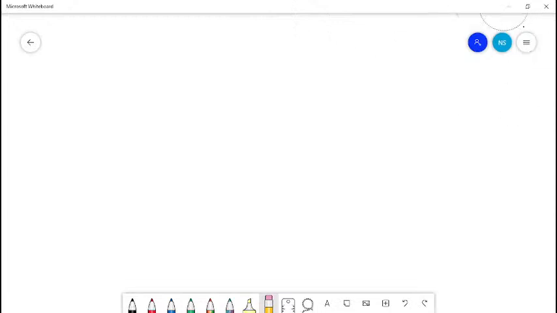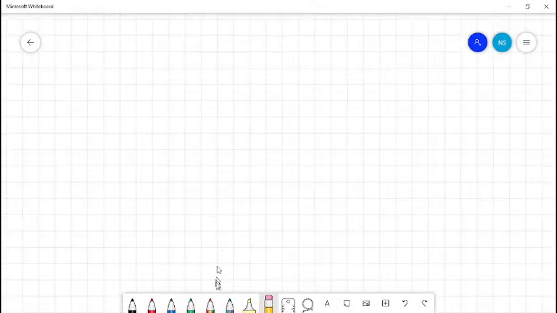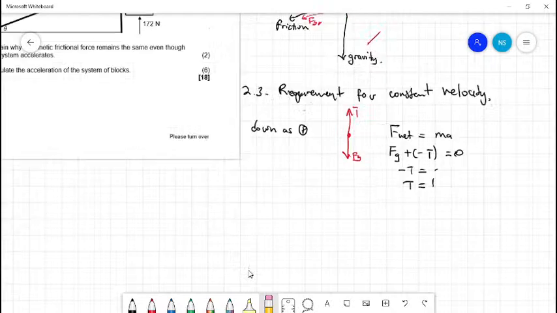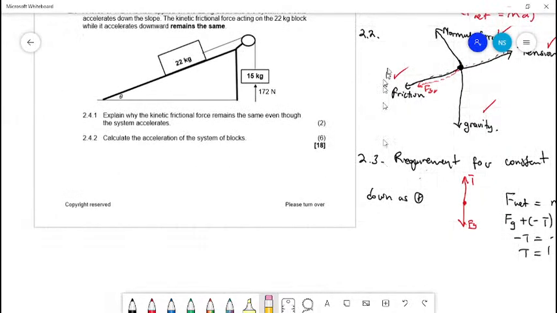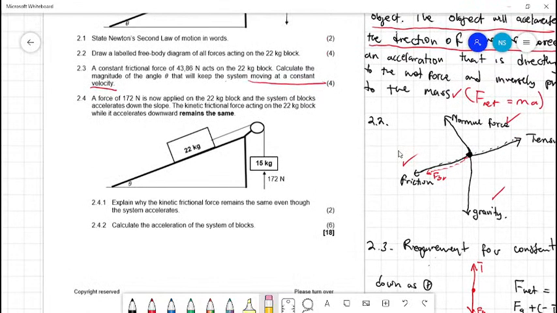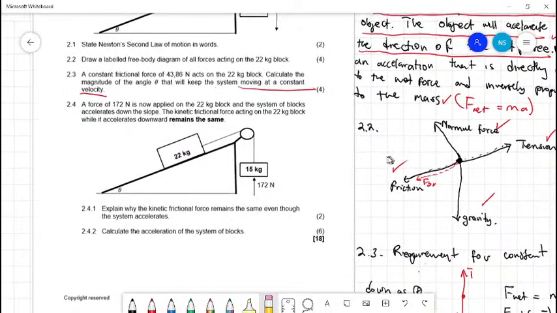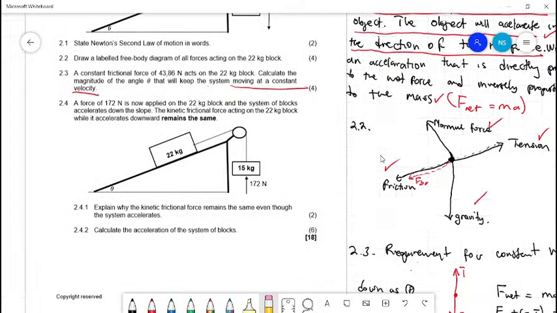Then let's try to answer the question that follows, which is 2.4. In 2.4, we are told that a force of 172 newtons is now applied on the 22 kg block, and the system of the blocks accelerates down the slope.